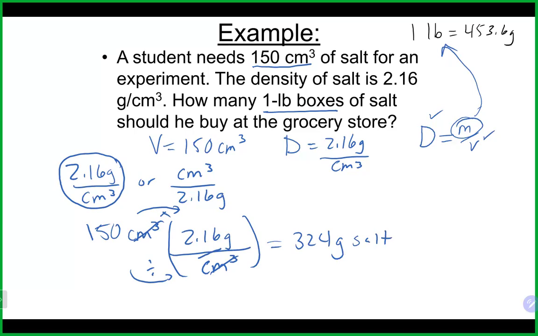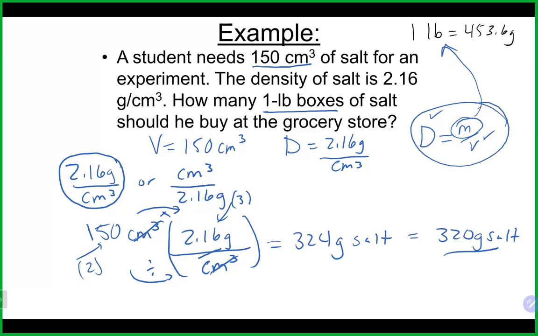In terms of significant figures, if we were going to give that as our answer, that has 2, this has 3, which means perhaps 320 grams of salt. By the way, one of the benefits of taking a dimensional analysis approach is that I did not have to worry about rearranging this equation, because the dimensional analysis did the math for me.